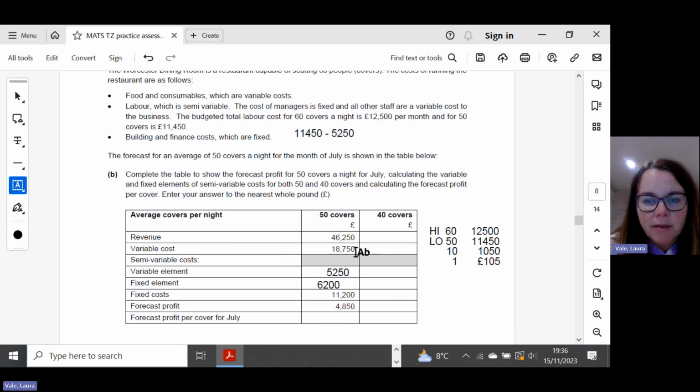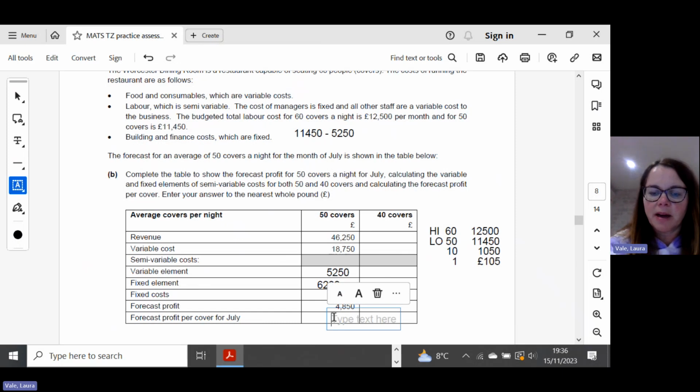So revenue, take away the variable cost, take away the semi-variable cost, take away the fixed cost is giving me a profit of 4,850. So you could check that that works. And then the profit per cover, that would just be the 4,850 divided by 50, which comes to 97 per cover.